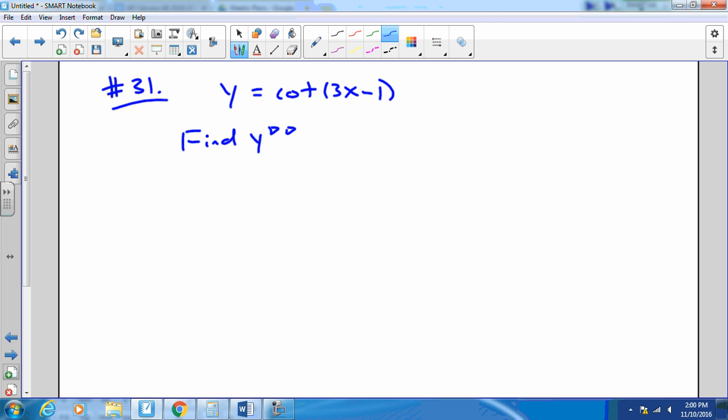And we're told to find y double prime. Get us started, Mark. So first, we find y prime. The outside is cotangent, and the inside is 3x minus 1. Good.